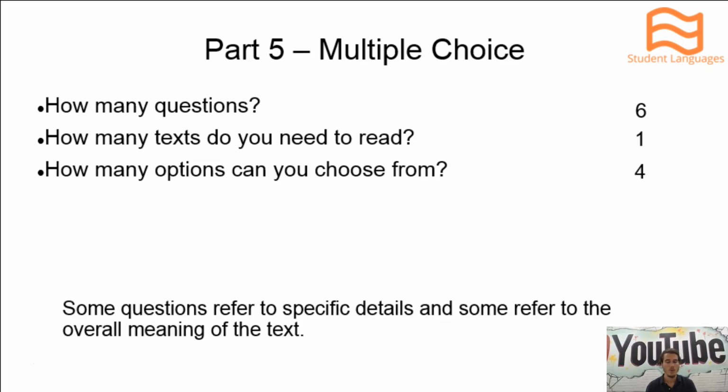And I say that some questions refer to specific details, but some questions refer to the overall meaning of the text. So you need to be able to understand specific details as well as general meanings for this part of the reading.